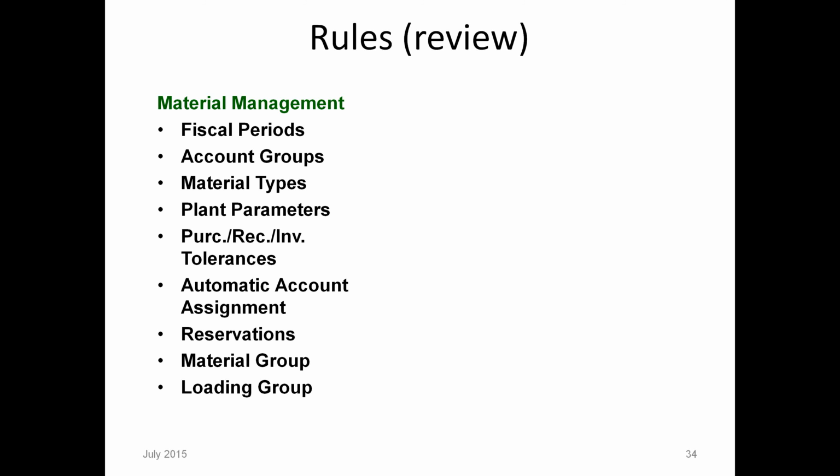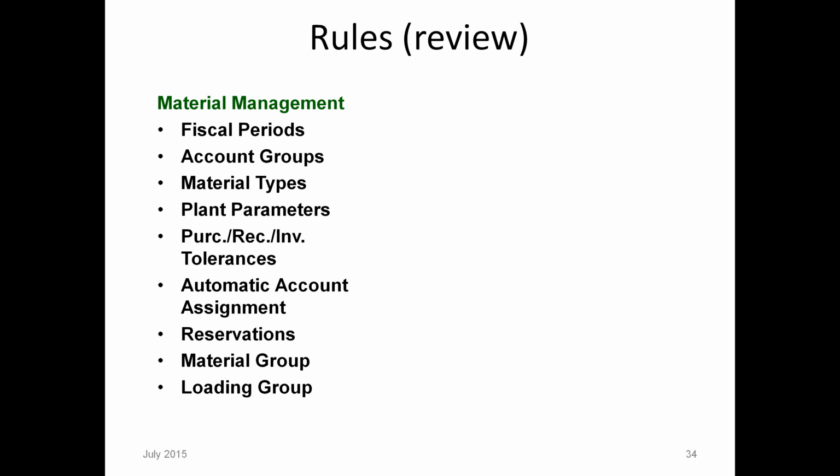Material types are the rules which determine what kind of material it is. If it's a raw material, by definition you can procure it but you cannot sell it outside. Semi-finished, you can procure from outside, you can sell it also, and you can produce it inside. Finished product you cannot buy from outside; by definition you can only sell it or produce it in-house.